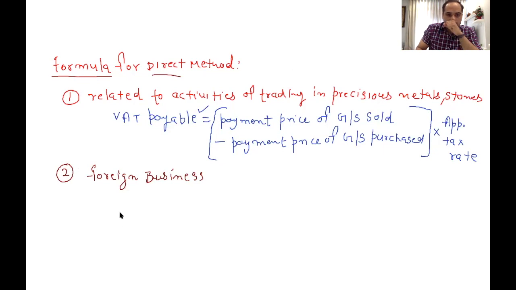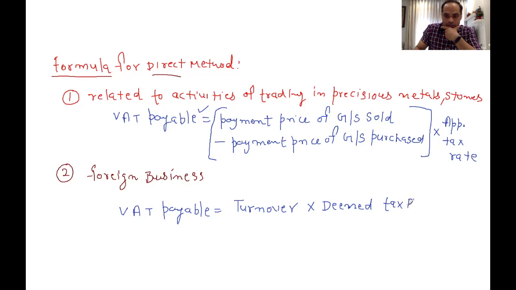In foreign businesses, we have value added tax payable equals the turnover, because it's a newly established business, so the turnover of the business, multiplied by deemed tax rates. So deemed tax rates here.